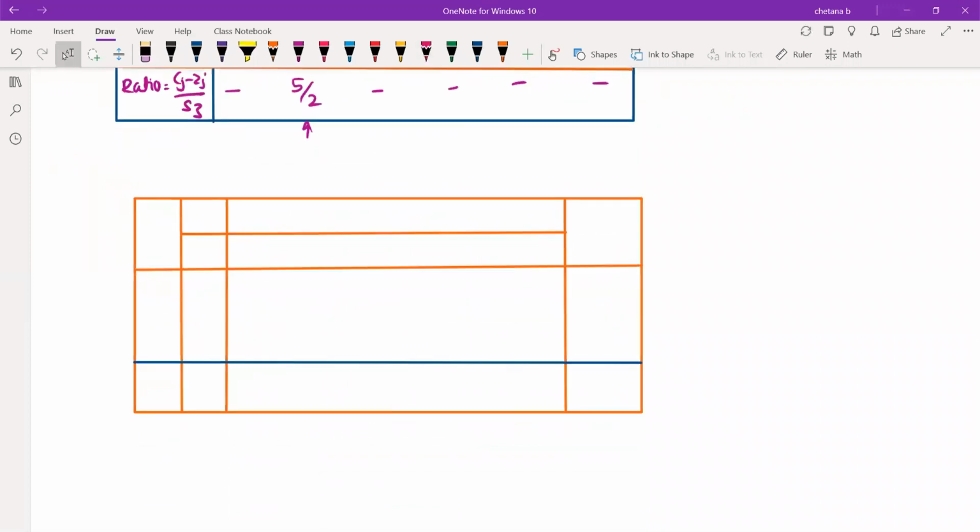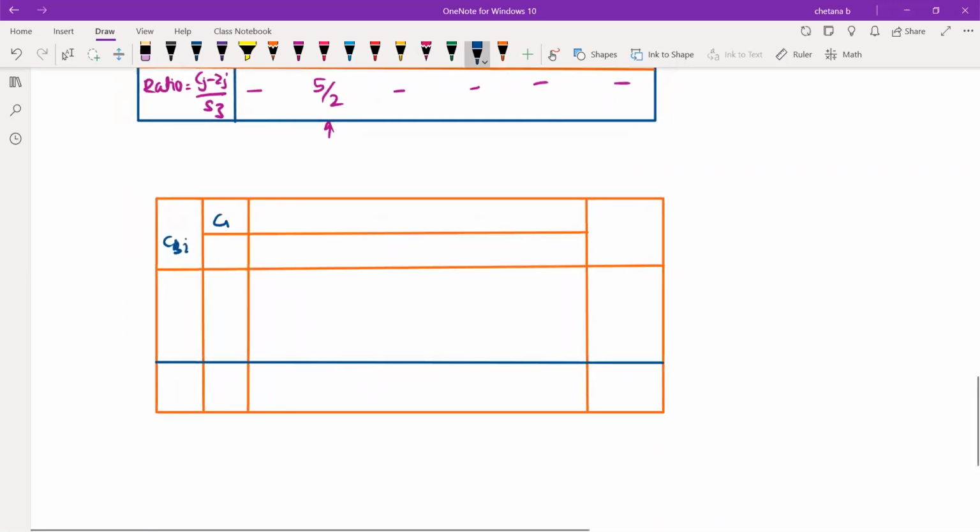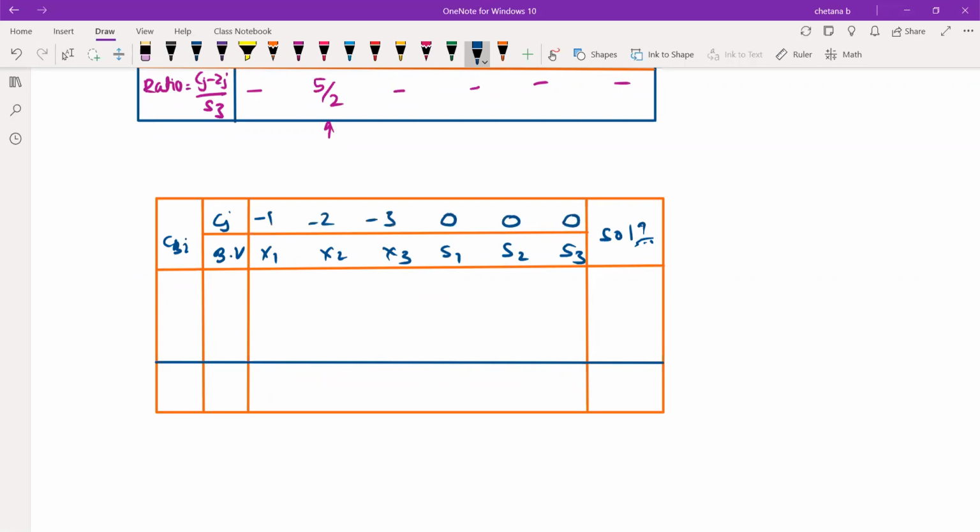Again, I think this would be the last iteration. So the table has CBi, Cj, BV, x1, x2, x3, s1, s2, s3, solution, with Cj values -1, -2, -3, 0, 0, and 0.